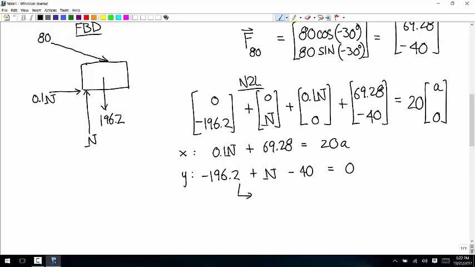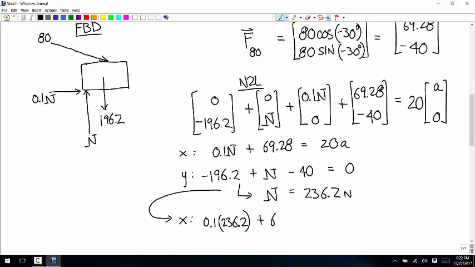So the y equation says n is equal to 236.2 newtons. And now plug that into the x equation. The x equation says 0.1 times 236.2 plus 69.28 is equal to 20a.